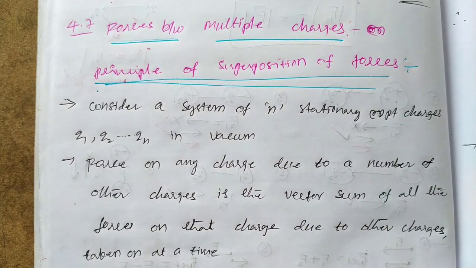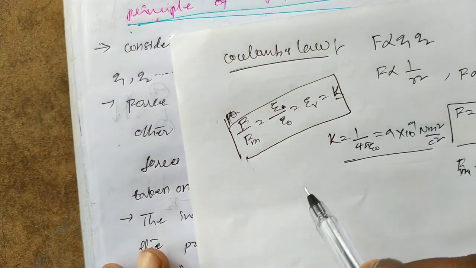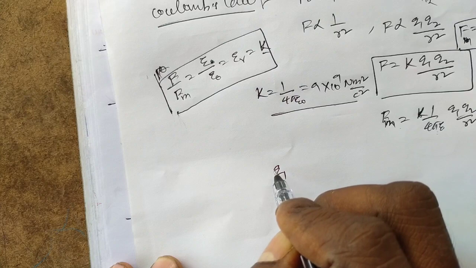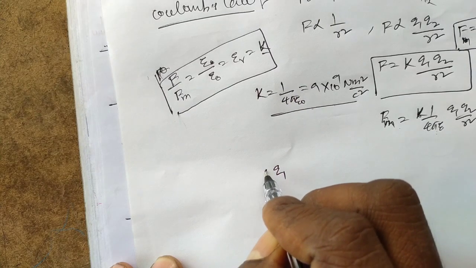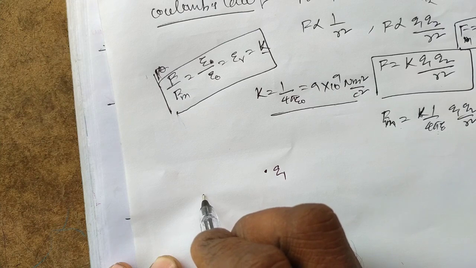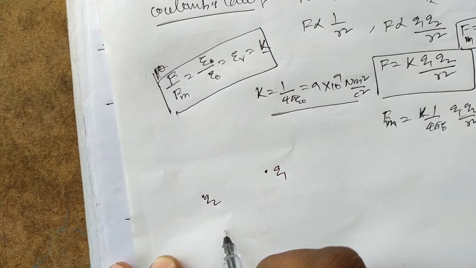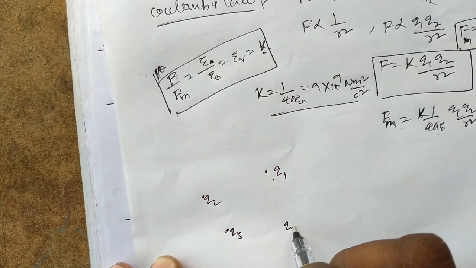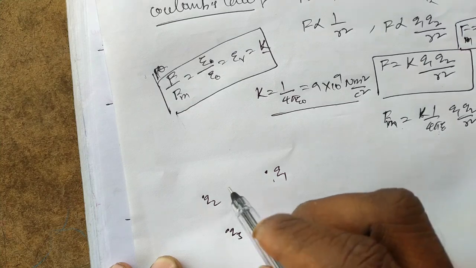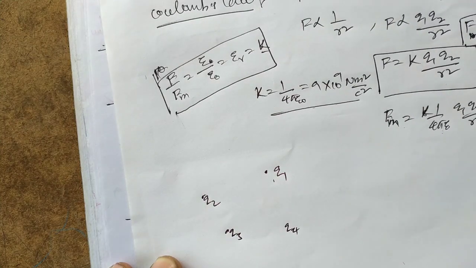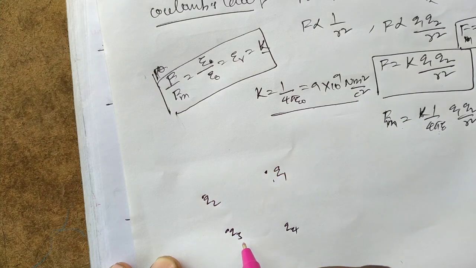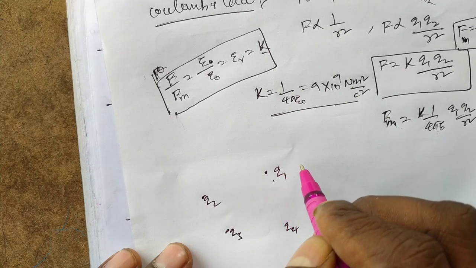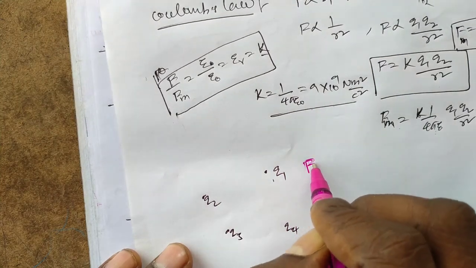Now we will discuss. Okay, here a system having, suppose, four charges. Here Q1 charge, here Q2 charge, here Q3 charge, here Q4 charge. They have a net force on Q1.